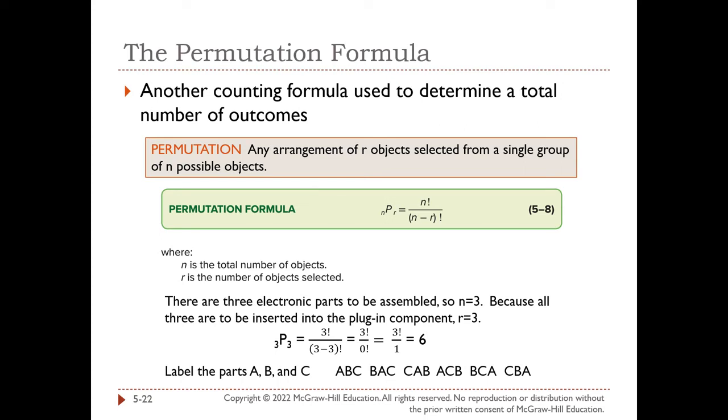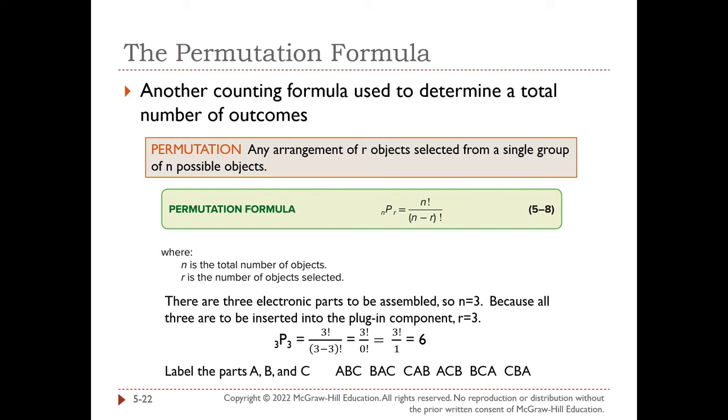So, another counting formula used to determine the total number of outcomes is this: permutation. And this is any arrangement of R objects selected from a single group of N possible objects.